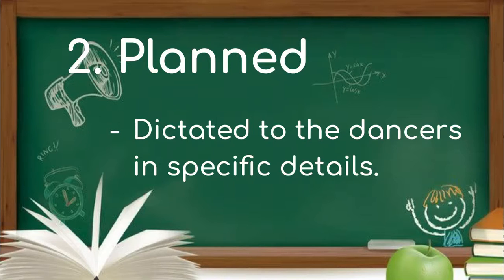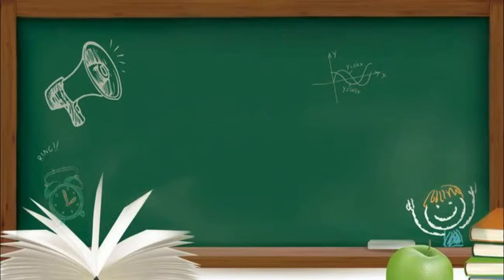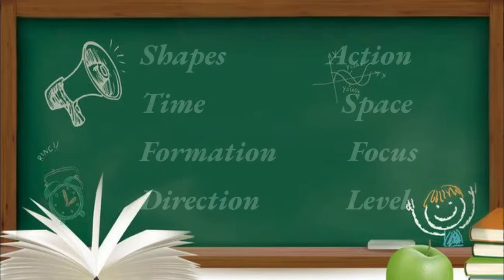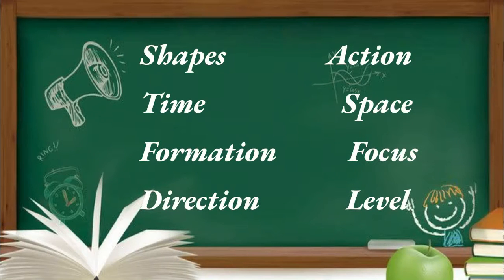Now, aside from the two types, there are different elements of choreography. We have shapes, time, formation, direction, action, space, focus, and level. What is the difference between the eight elements of choreography? Let's have one by one.